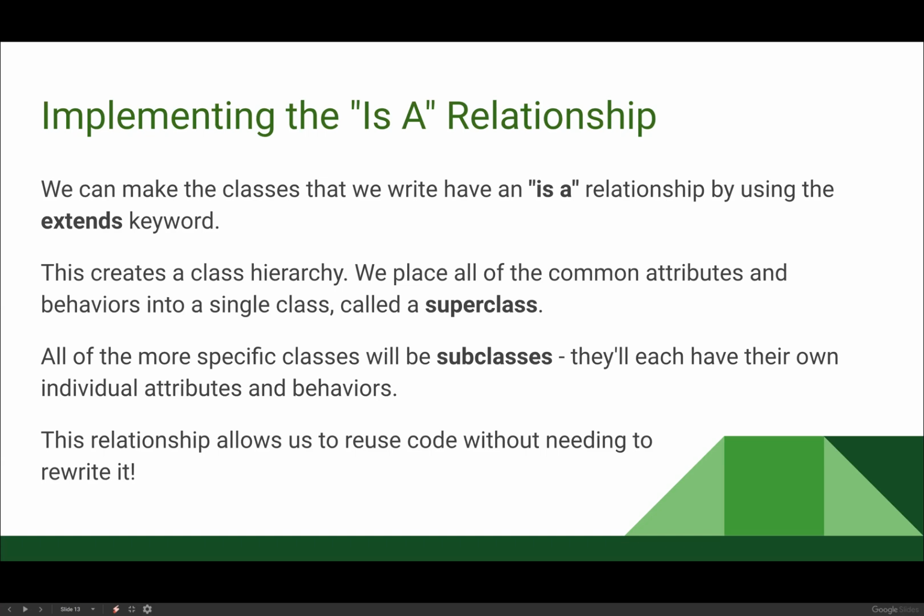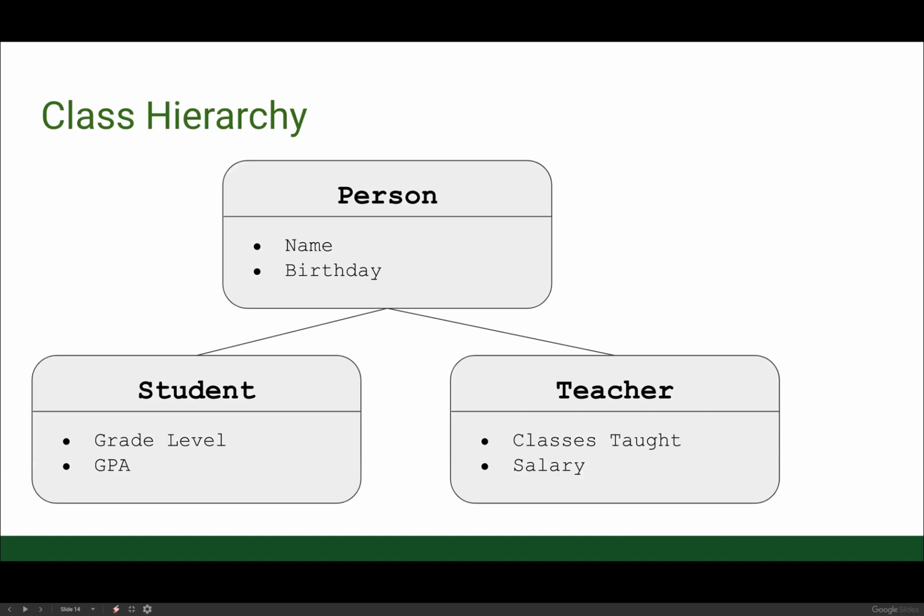This relationship that exists will allow us to reuse a lot of code without needing to rewrite it. So we can use all the code in a person within a student or teacher without needing to rewrite all the stuff in person. If we look at our hierarchy, this is what we can imagine. We have a person class, and we'd have student and teacher classes, both of which would extend the person class.